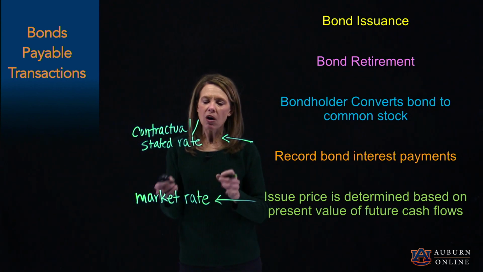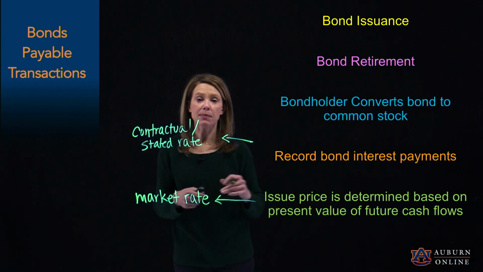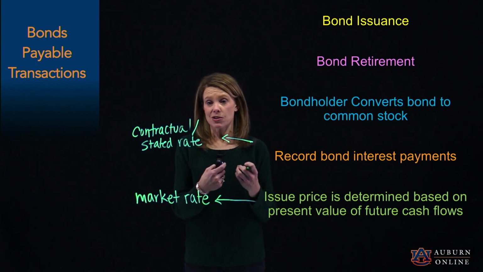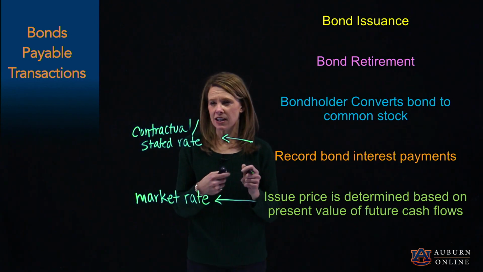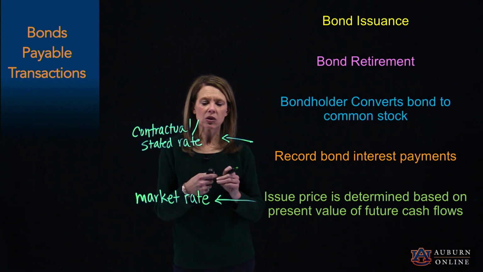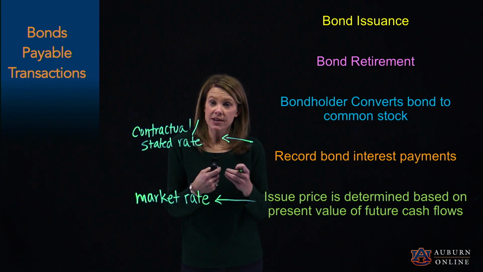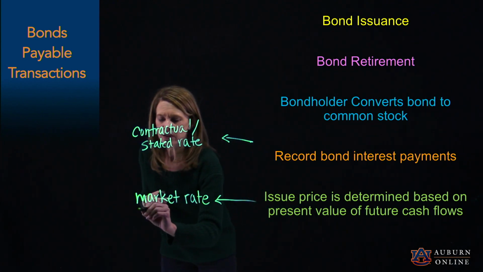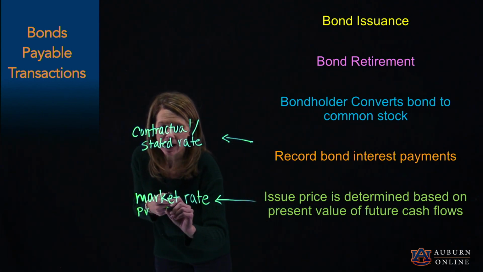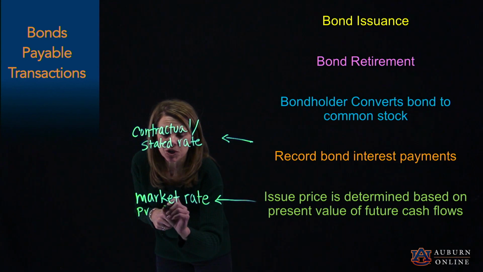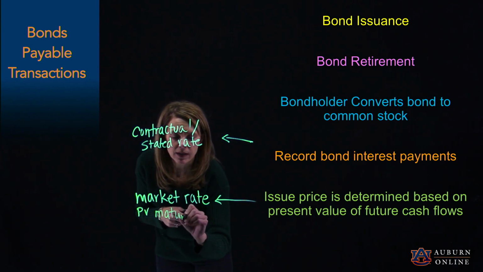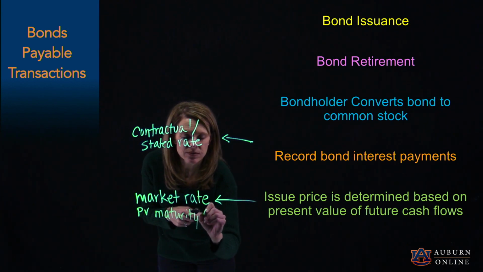So when we're talking about the market rate and present value, what the investors who are investing in these bonds payable are looking at is they want to know what's the present value of those future cash flows that are coming. So they're going to be looking at the present value of a single sum, which is the maturity, the face amount.